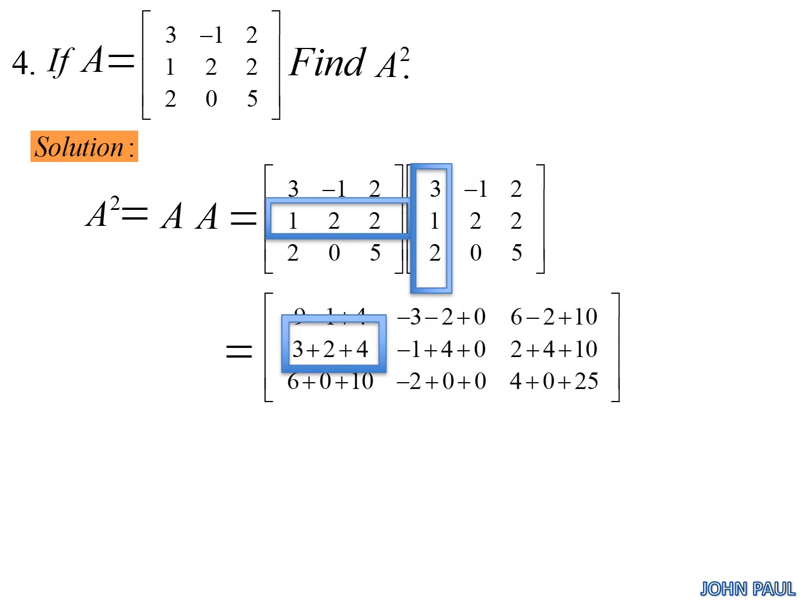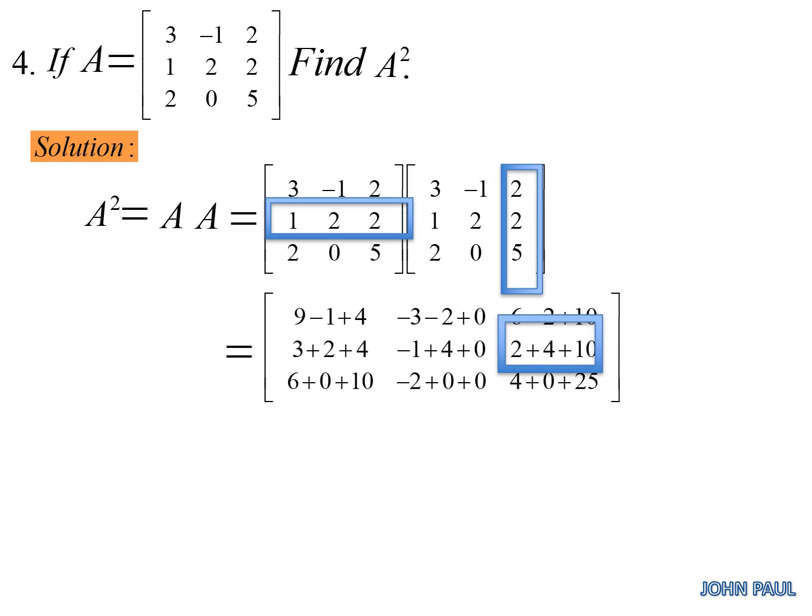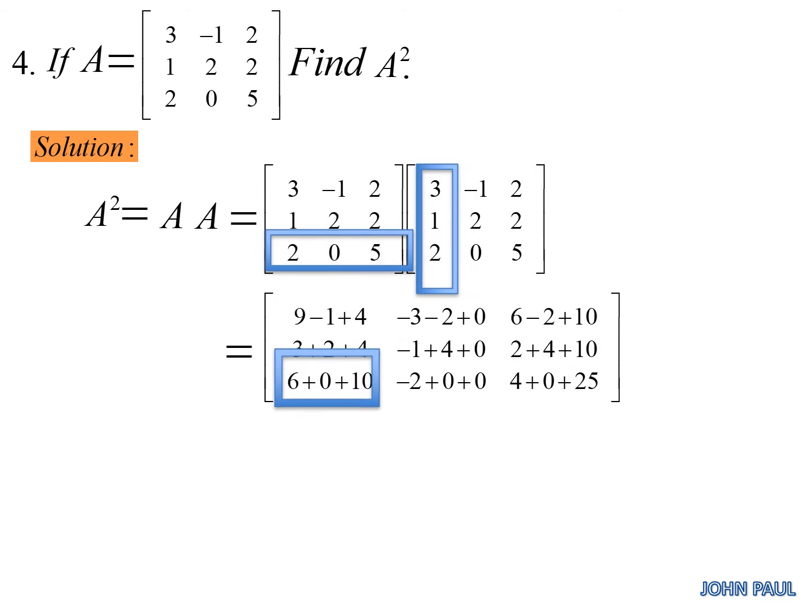Take the second row and multiply with the first, second and third column. First column we have multiplied, next with the second column, multiplied with the third column. Now we'll take the third row. By multiplication we get 6, 0 plus 10.